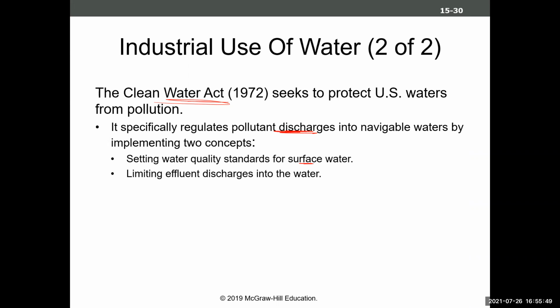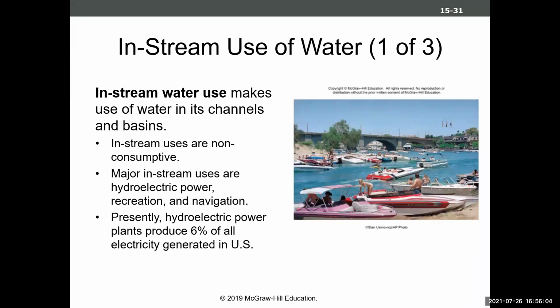And then you also help with this by limiting the discharge into the water. So the amount of effluent discharge that goes into the water itself. So if you have less of that, you have less chance of those pollutants making it into the water sources.